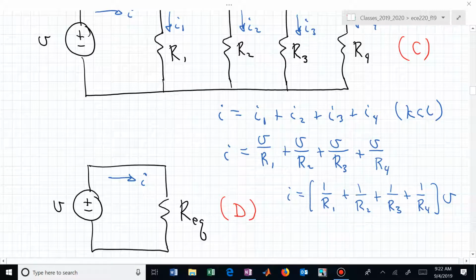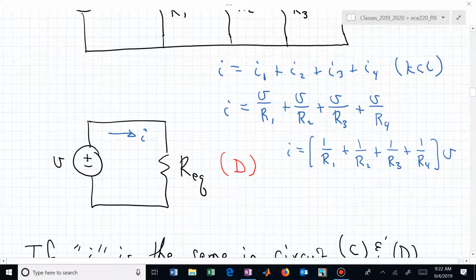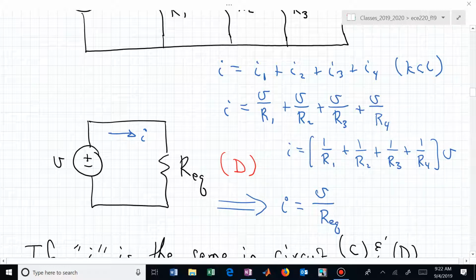V is equal to R equivalent I. Or, solving for I, we can say V over R equivalent, or 1 over R equivalent times V.